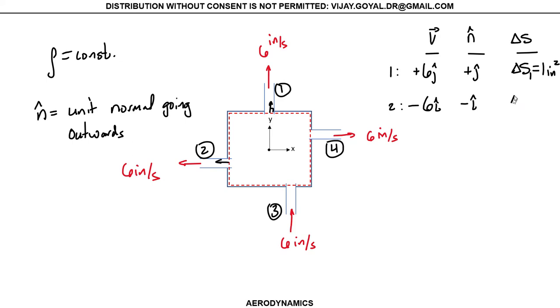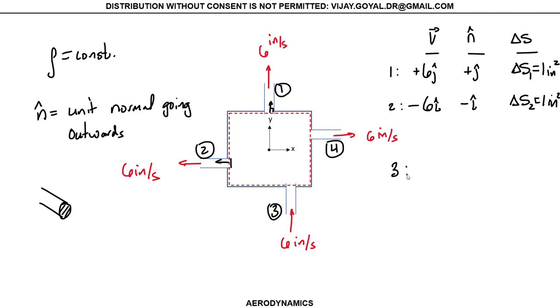Your delta S2, that's this distance right here, is the area here. The problem says that this is equal to 1 inches squared. So just think about the problem as looking at the cross-sectional area.